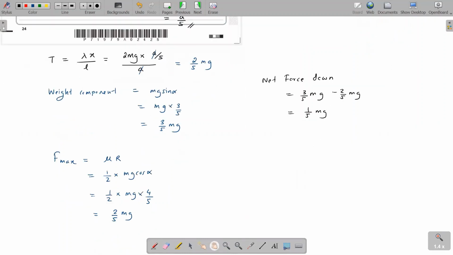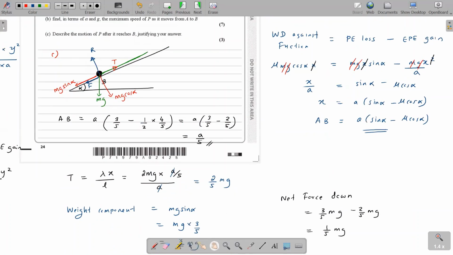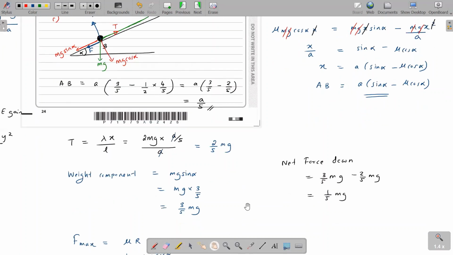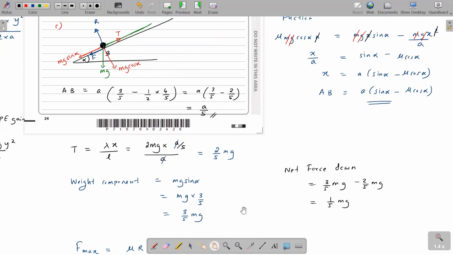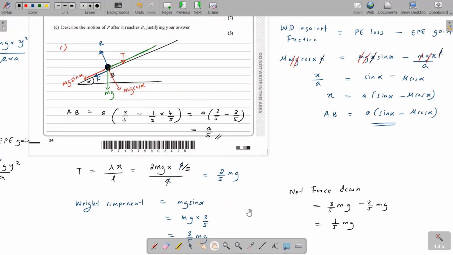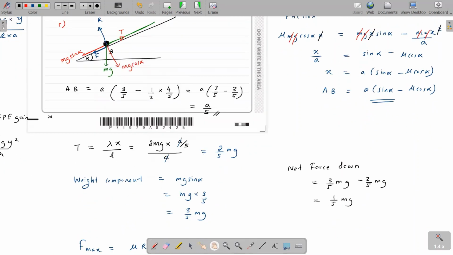So then what about the friction? You have how much of a friction? 2/5 mg. So what do you think? This friction, is it sufficient to prevent the particle from moving up? So what can you see here?